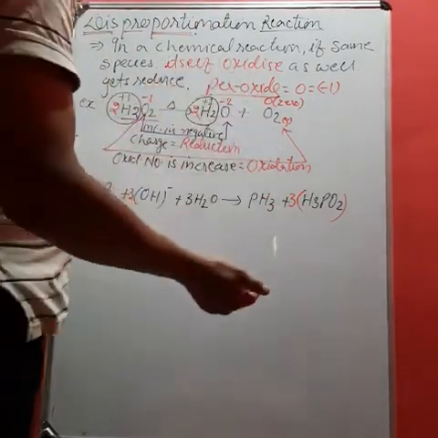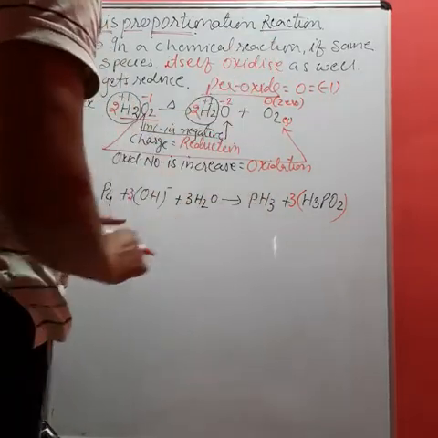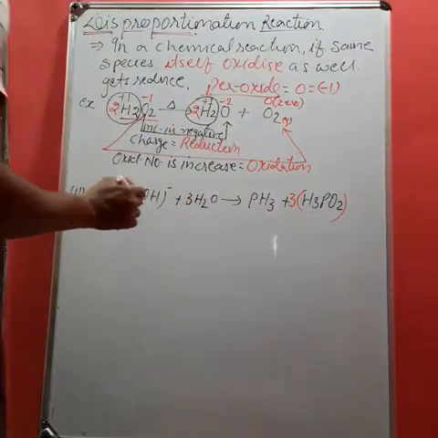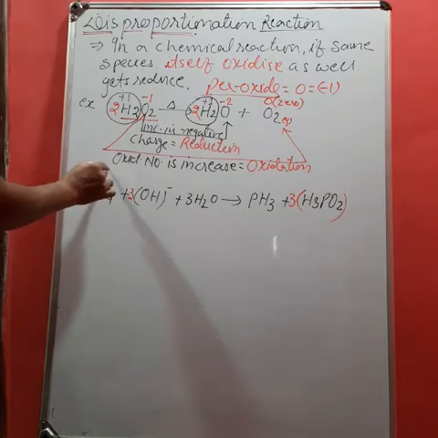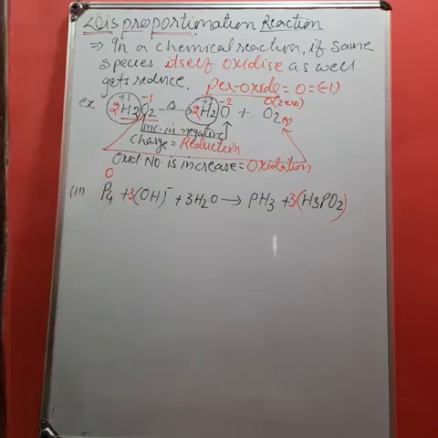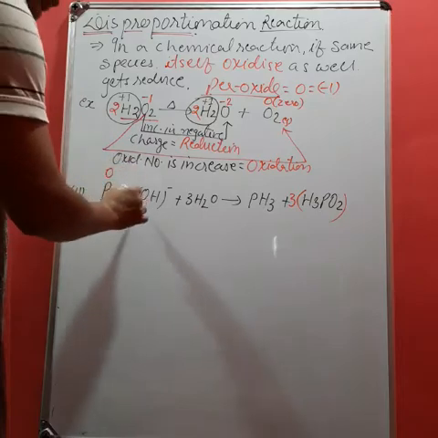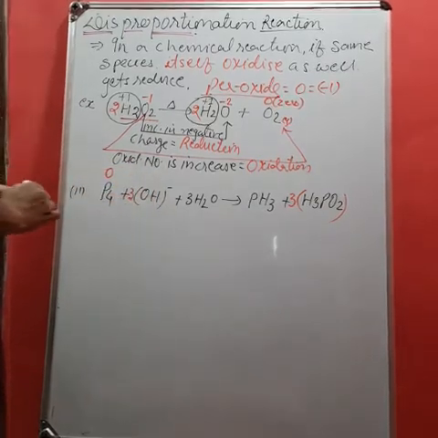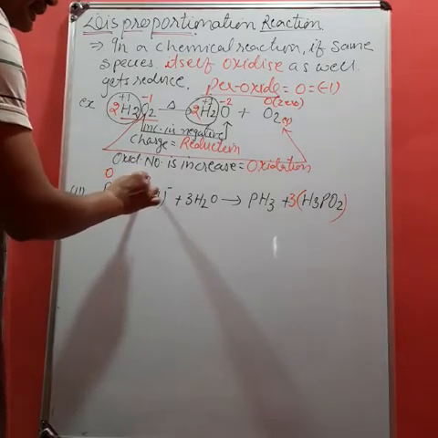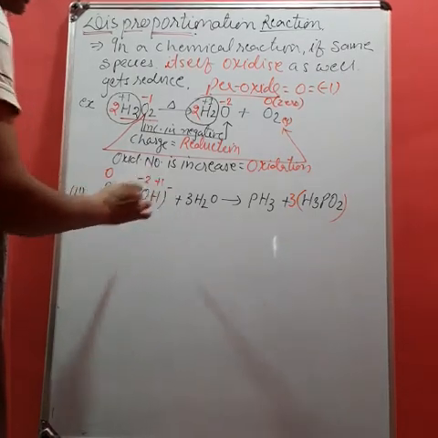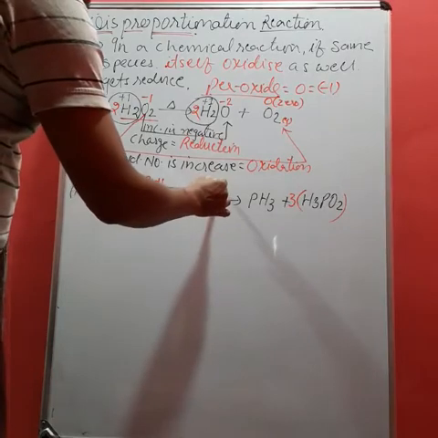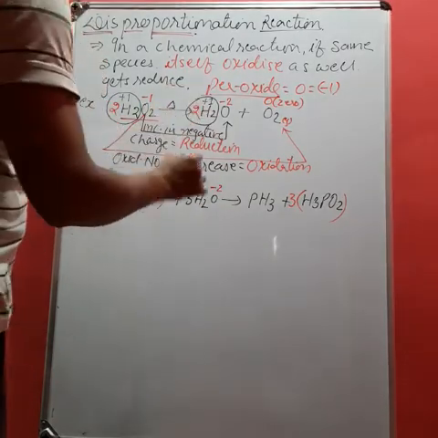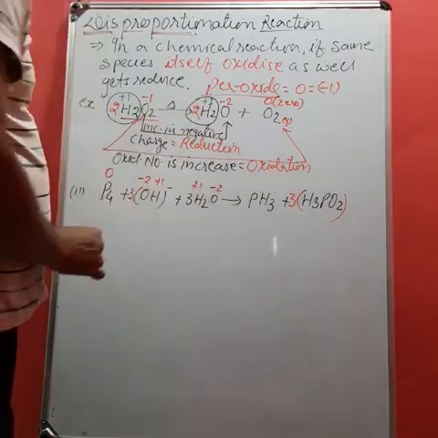Now one by one start counting the oxidation number of all species. Student, P4 is in solid form, therefore its state is 0, isn't it? In OH anion, the oxidation state of oxygen is -1 and hydrogen is +1, so overall it acquires -1. In water, the oxidation state of oxygen is -2 and hydrogen is +1.